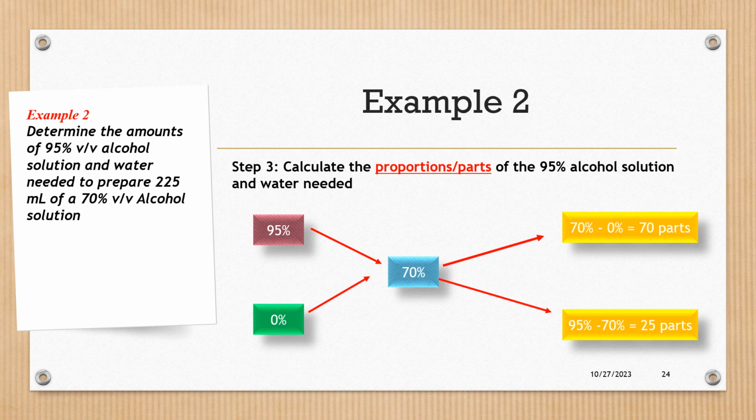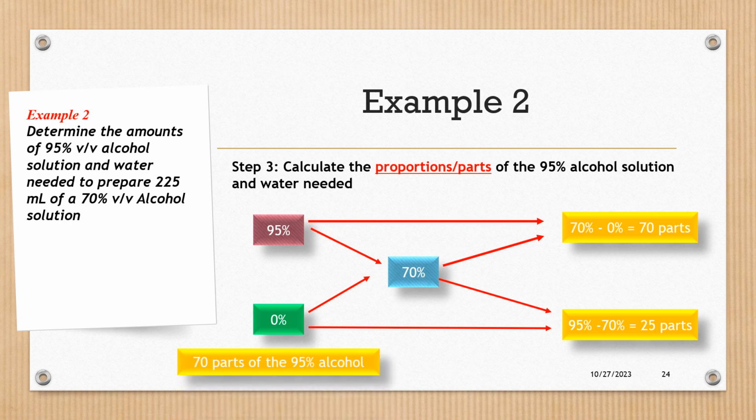So here we have, again, relation going horizontally. At the top here, you have your 70 parts of 95% alcohol, and at the base here you have your 25 parts of water or 0% alcohol.